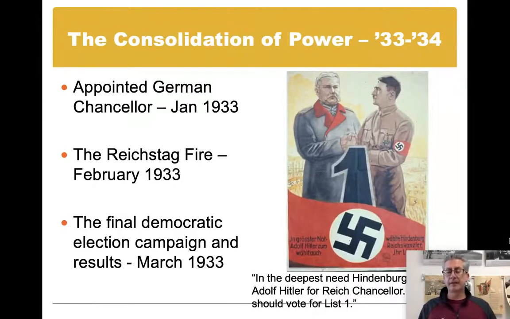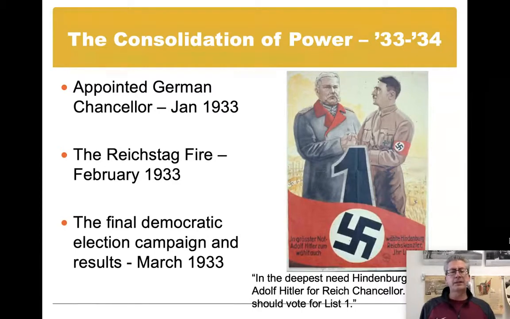And in February 1933, a very important event happens, the Reichstag fire. Of course, he's going to blame the communists, and he will use this event as a way to secure more power. And the German Reichstag is going to pass a bill known as the Enabling Act that really is going to concentrate more power in his hand.